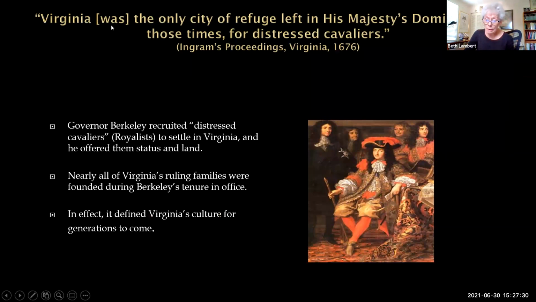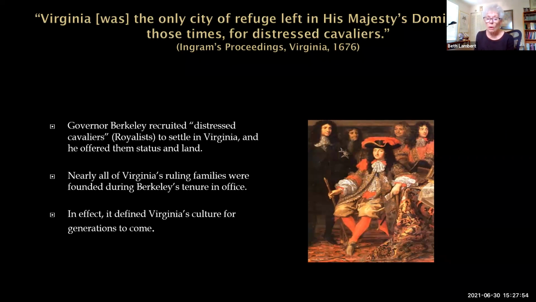In Virginia, you have a completely different situation, because the governor of Virginia at that time, Governor Barclay, recruited royalists. He recruited Cromwell's enemies to settle in Virginia. He offered them status and land.